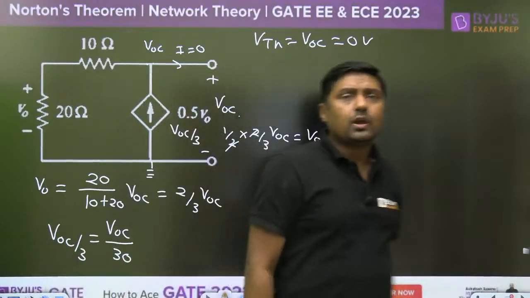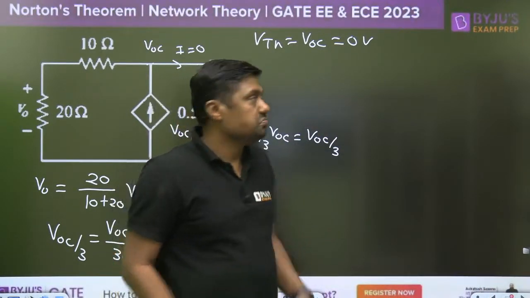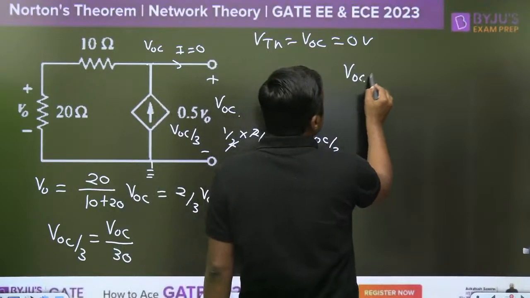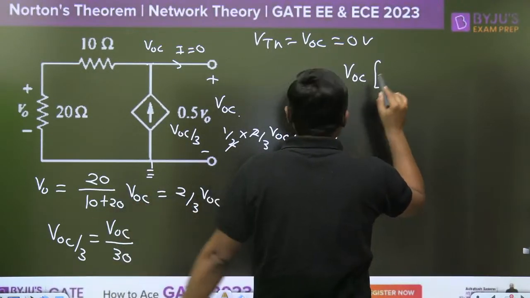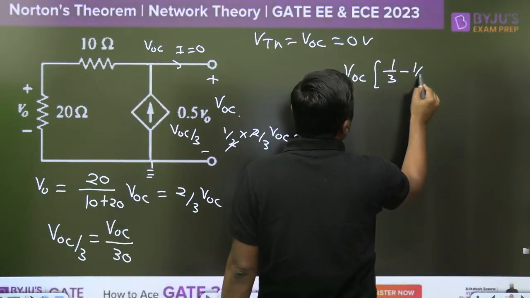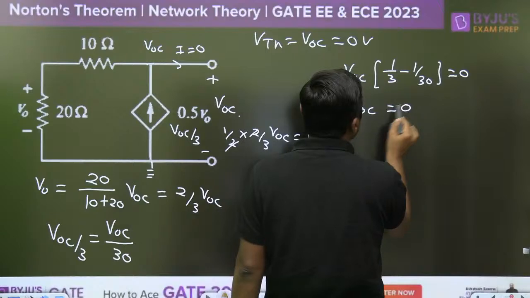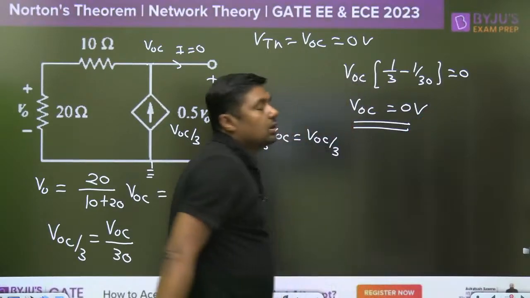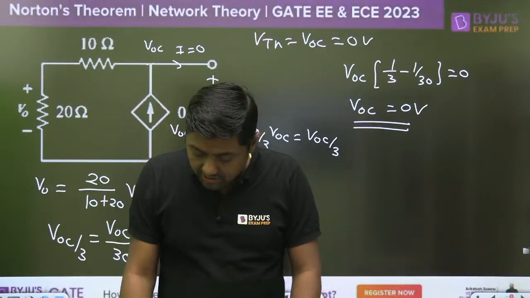Is there any need to calculate this value? No. That is right. You can calculate 1 by 3 minus 1 by 30, that is not equal to 0, and that's why VOC is equal to 0. No independent sources here, and that's why.